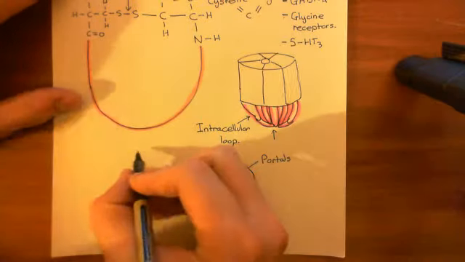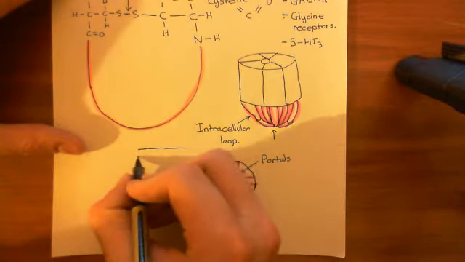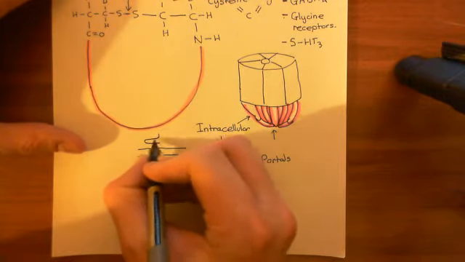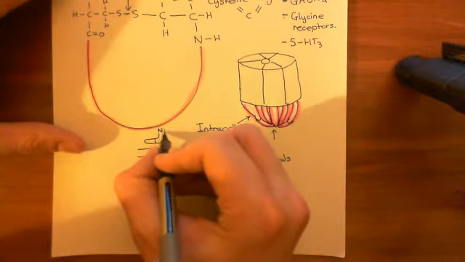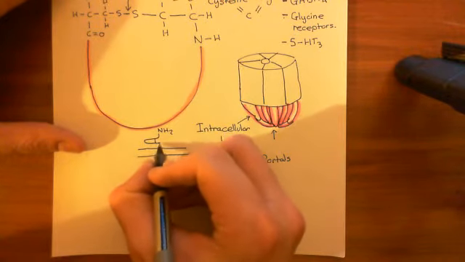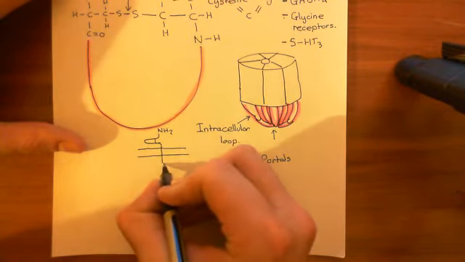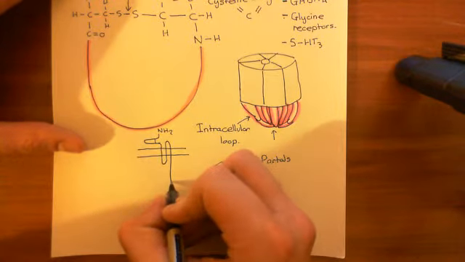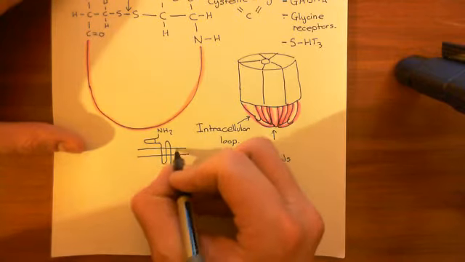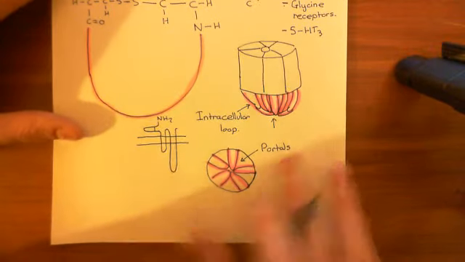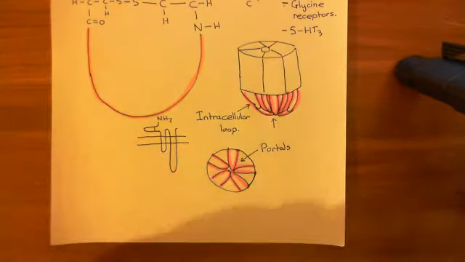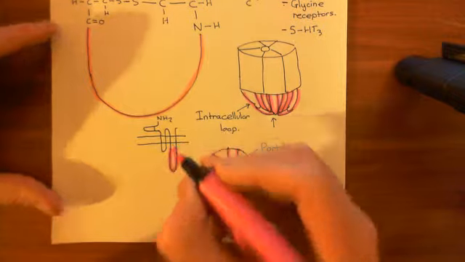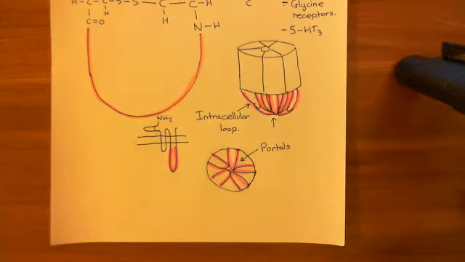If we look at the membrane spanning topology of just one of these subunits, then we've seen that it looks kind of like this. Here's the amino terminus, then the Cys loop, then the first membrane spanning domain, the second membrane spanning domain, the third membrane spanning domain, and then what I didn't show on the previous picture, and this is why I've had to redraw it, is that you have this larger loop between the M3 and the M4 domain, and this is our intracellular loop that each one of these subunits produces.